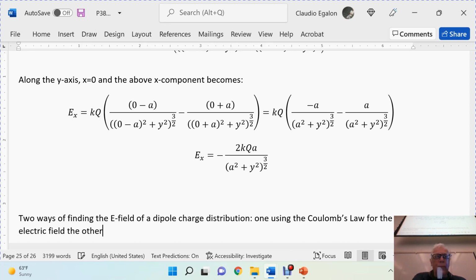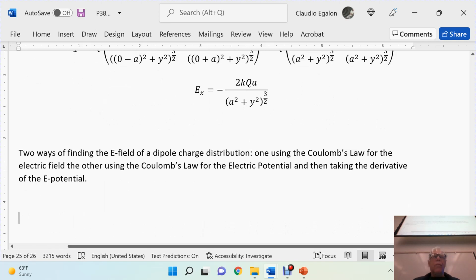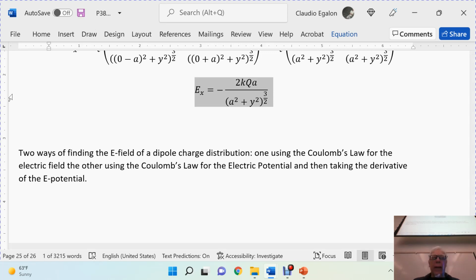The other using Coulomb's law for the electric potential, and then taking the derivative of the electric potential. Okay, this result here should match the result that we got previously when we were calculating the electric field along the y-axis.